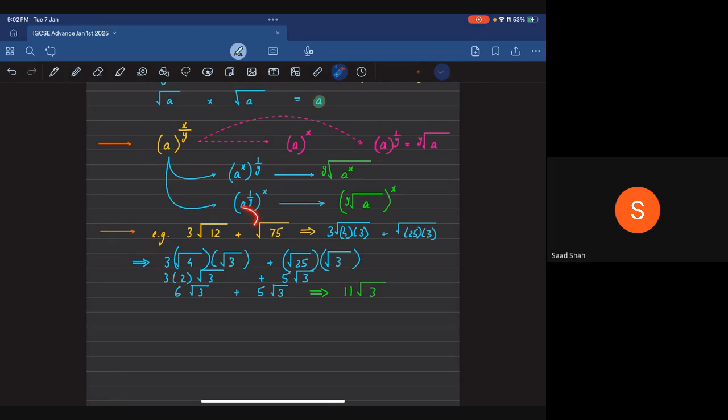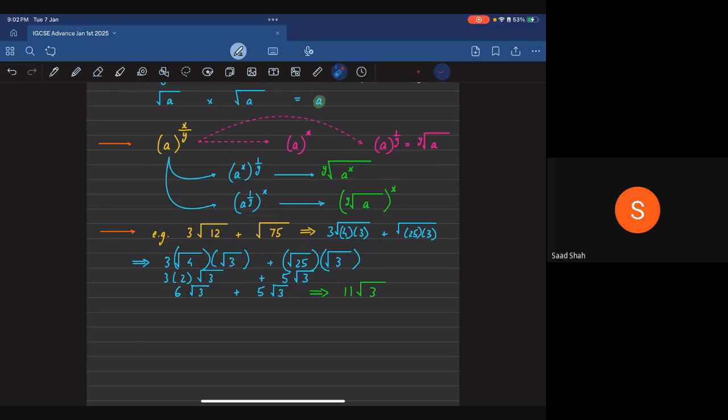This was just an example question as to when you get a question in which they ask you to simplify it, but the number inside the root is not a perfect square, cube, or whatever it was. So you can simply break it down into two numbers, which, mind you, are multiplied together.